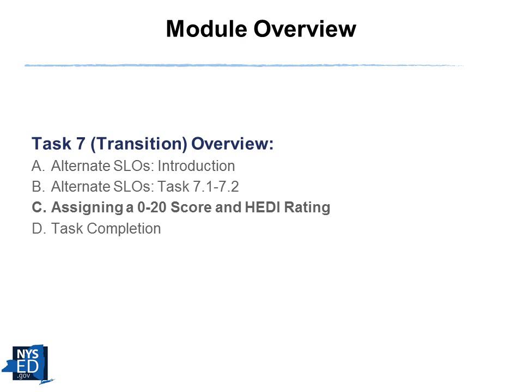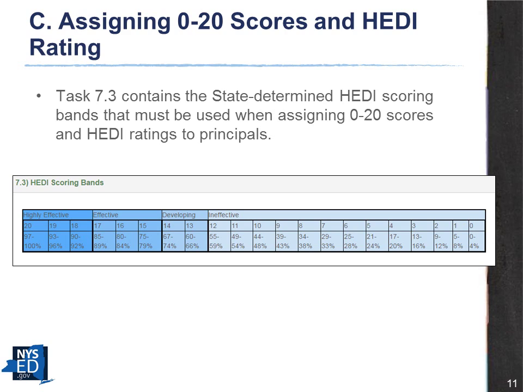We will now move on to discuss the HEDI scoring process for alternate SLOs. A detailed process for assigning 0 to 20 scores and HEDI ratings to principals is not required. A series of assurances in Task 7.5 of Task 7 Original has replaced the need for those descriptions.